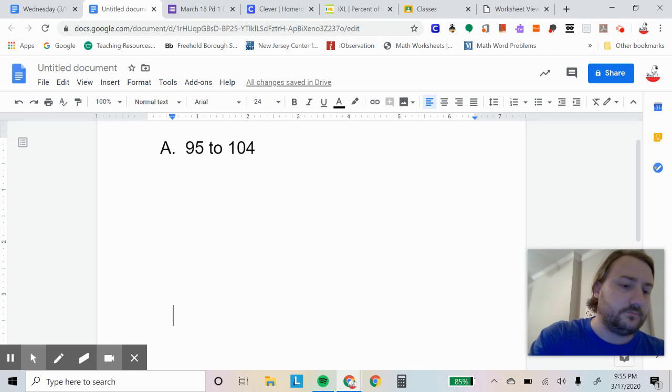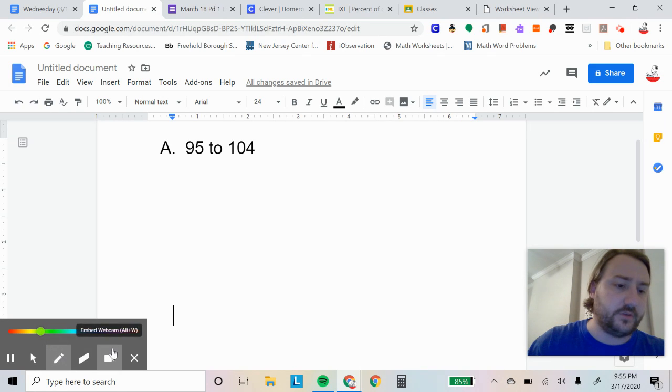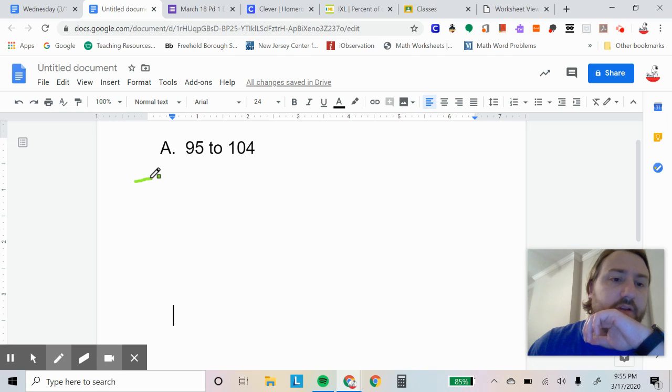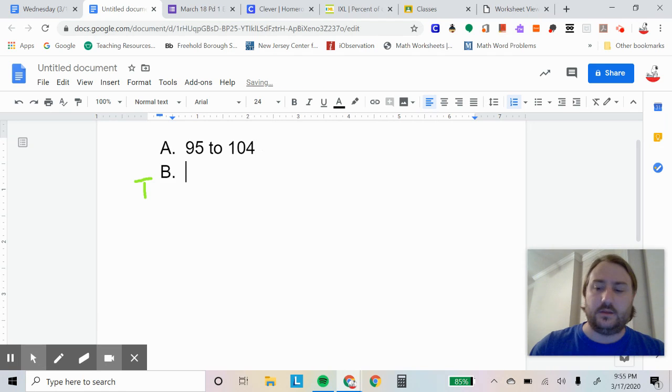The two things we're going to be working with, let's see if my pen works today. Nope. All right, that's fine. We're going to be working with increase or decrease.